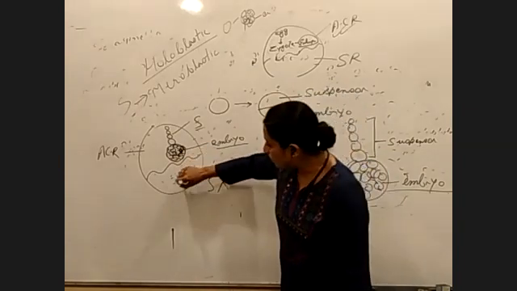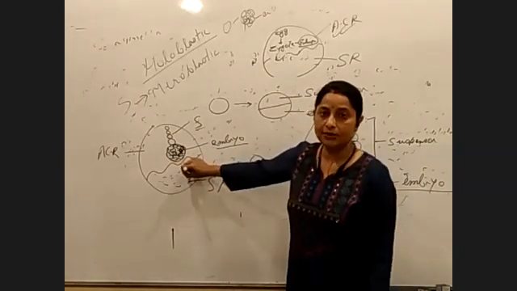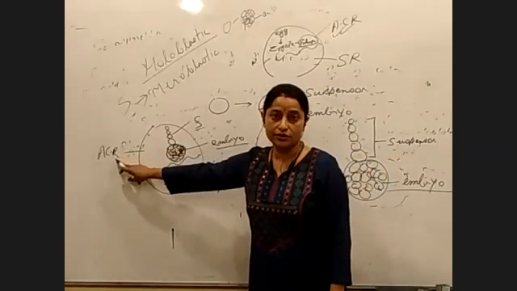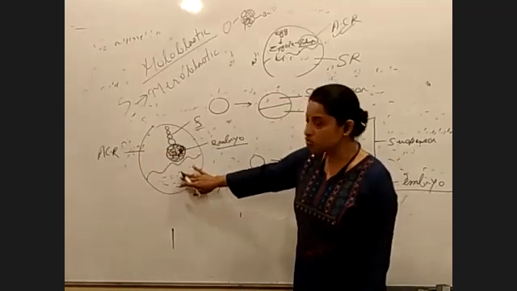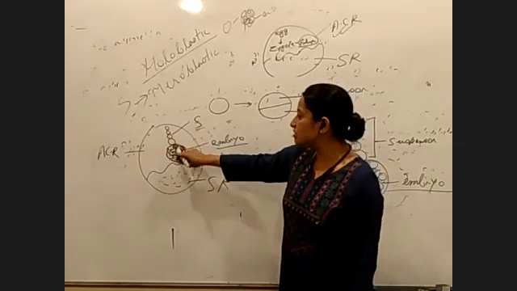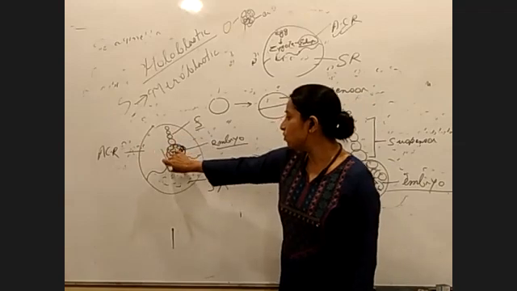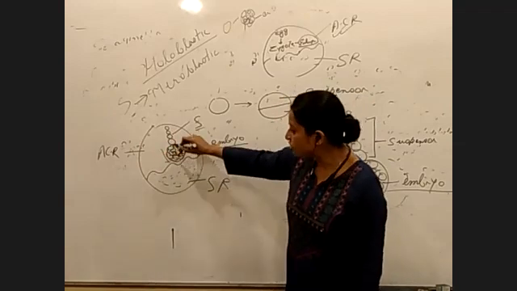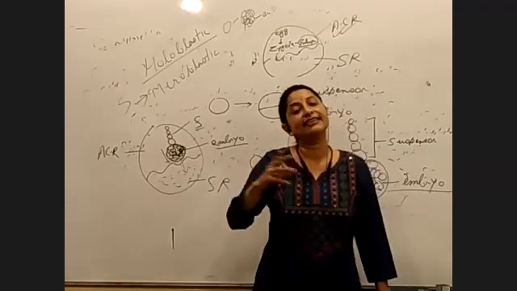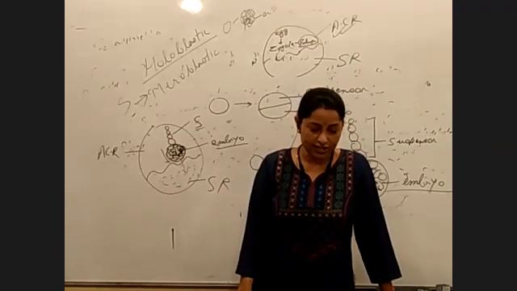Food will come from the storage region. First point, the embryo forms at the apical cushion region, and the food is in the storage region. So what is the work of the suspensor? The suspensor exerts a force on the embryo and pushes the embryo into this tissue so that it can take the food. Is the point clear?